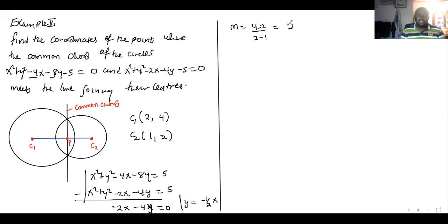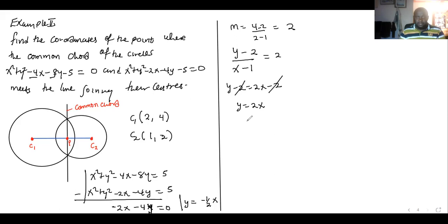And this is going to give me 2. So y minus 2 over x minus 1 is going to be equal to 2. And with that, y minus 2 is equal to 2x minus 2, so y is 2x. So if y is 2x, when you solve them simultaneously, you definitely see they give you 0, 0.